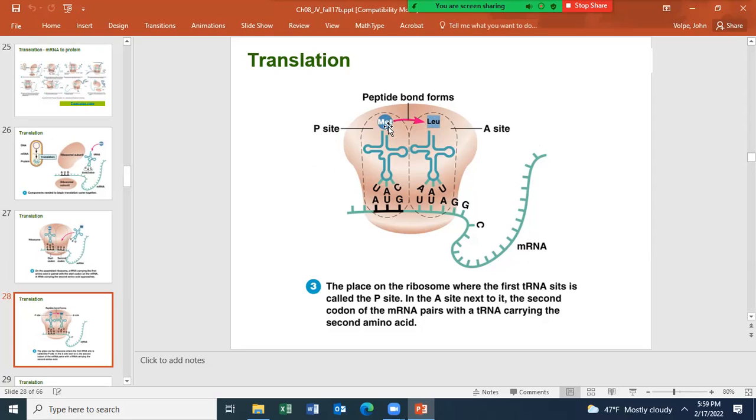So the methionine is linked to the leucine amino acid, the second amino acid.